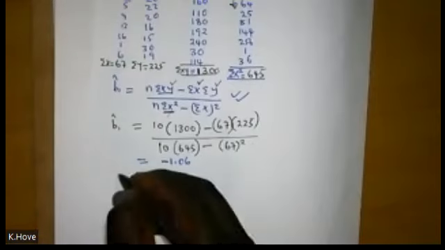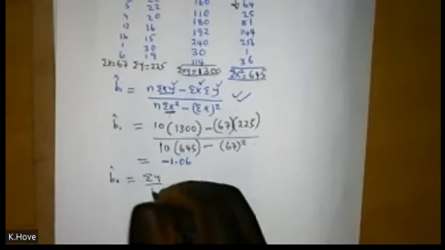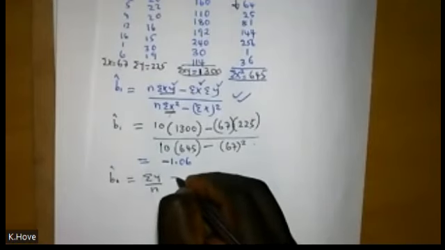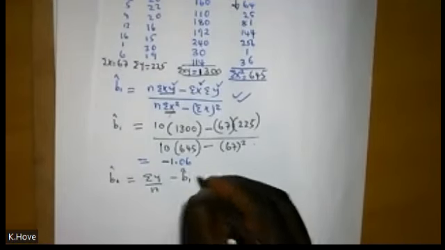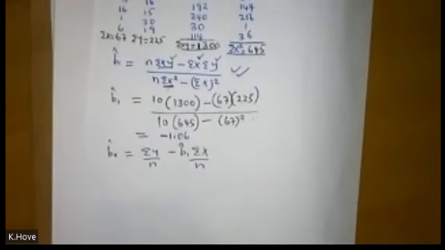Now, how do we get beta naught hat? We said this is equal to summation of y over n minus beta 1 hat times summation of x over n. What is summation of y? Summation of y we already have from our table.